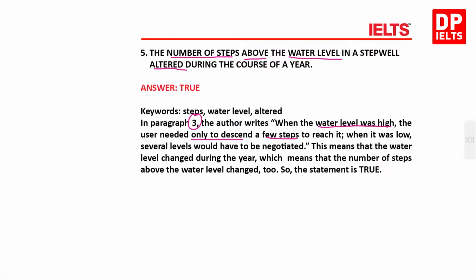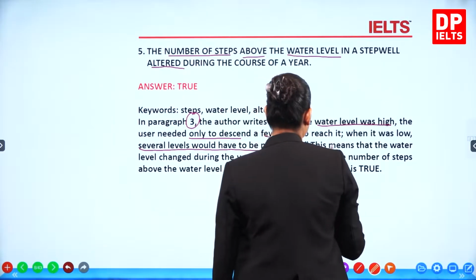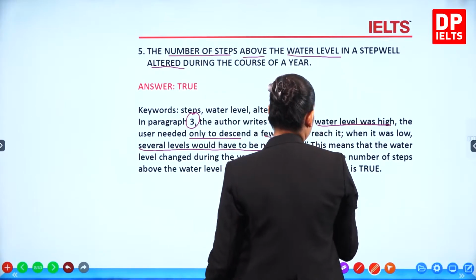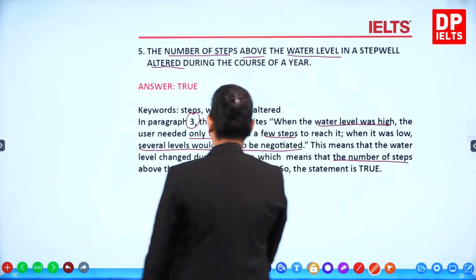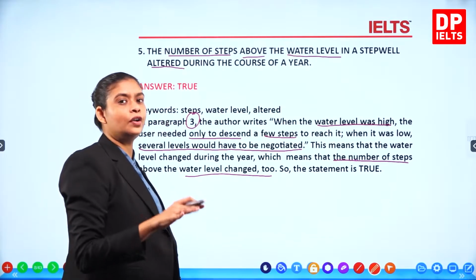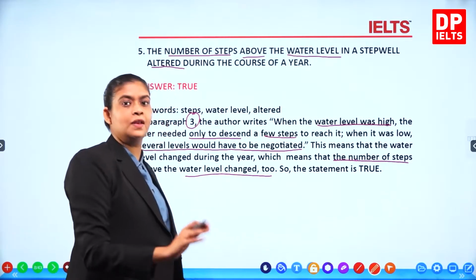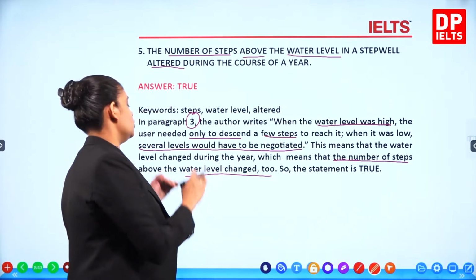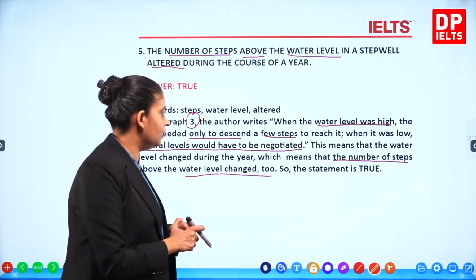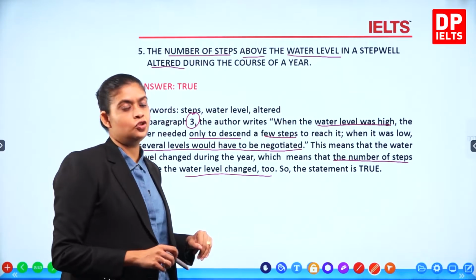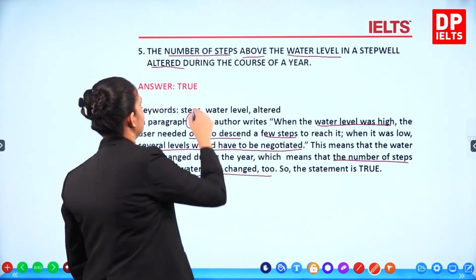When it was low, several levels would have to be negotiated. This means that the water level changed during the year, which means that the number of steps above the water level changed too. When there was a lot of water, only a few steps, but when there was less water, more steps. So the answer is true.